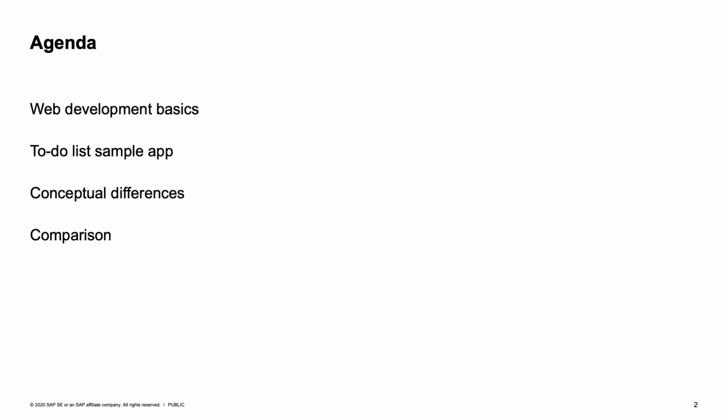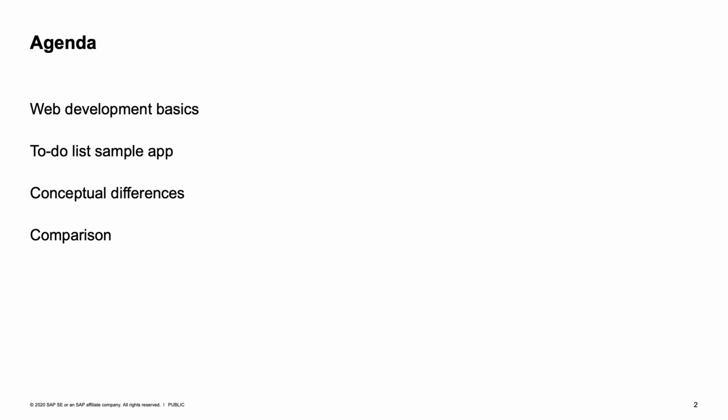Let's have a look at the agenda of my session. First, I want to get everyone on the same page and we'll talk about some web development basics. Then I will show you a sample application that I built with three approaches. One is SAP UI5 and the other are the new approaches that you'll get to know.